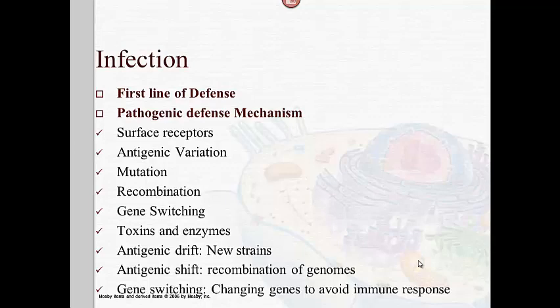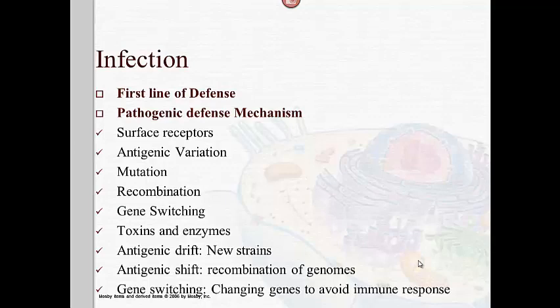so that they could be transported into the blood and cause bacteremia. They could have antigenic variation. For example, the HIV virus is able to mutate, and that's how it avoids being killed and provides pathogenicity in the host.